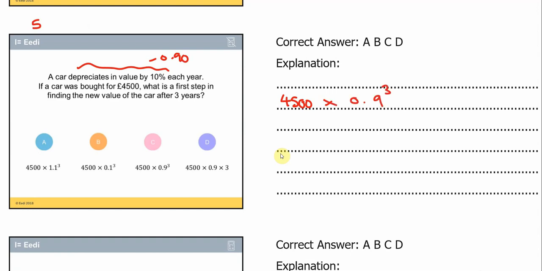So let's find one that matches this. This guy here. That one they've just found 10%. That one they've increased. This one they've got mixed up with simple interest and compound interest formulas by timesing by 3 at the end. It's to the power of 3. So this one here. Questions like this, just answer it yourself and then check the answers afterwards. Don't get caught up by staring at the answers.